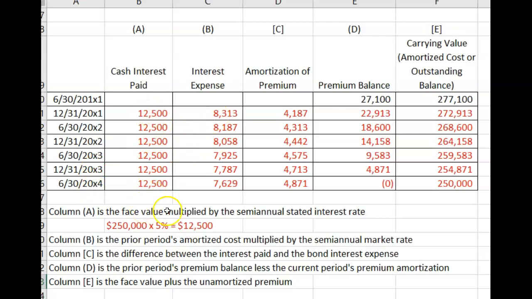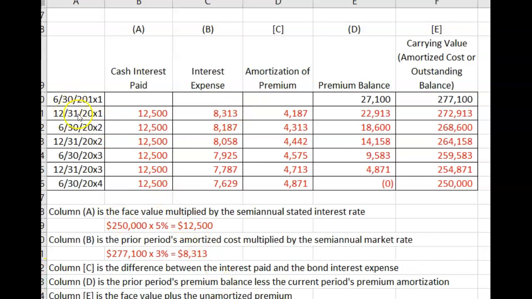The interest expense is calculated as the prior period's carrying value, which is also known as amortized cost, which is also known as outstanding balance. So the prior period's carrying value times 1/2 of the market interest rate.